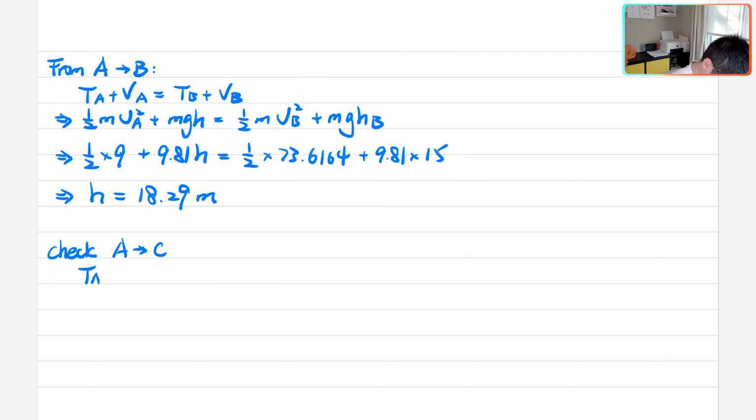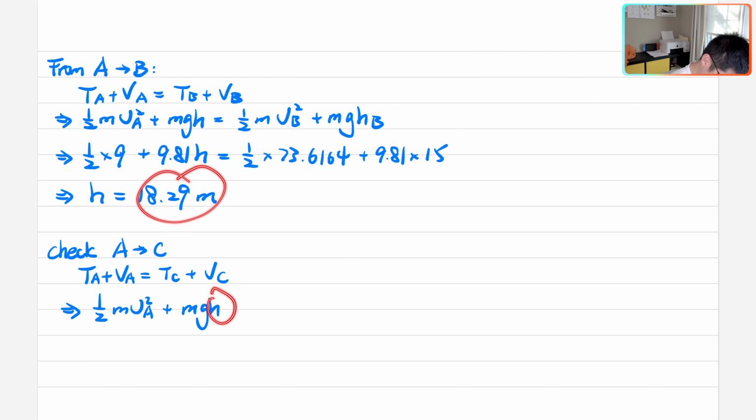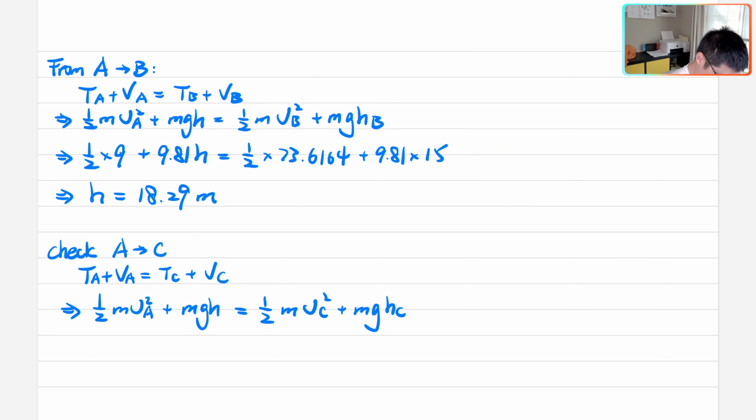So we'll do the same thing. TA plus VA equals TC plus VC. This is 1/2 m va squared plus mgh. Now this h can be substituted by 18.29 meters, the height you calculated, equals 1/2 m vc squared plus m g hc.